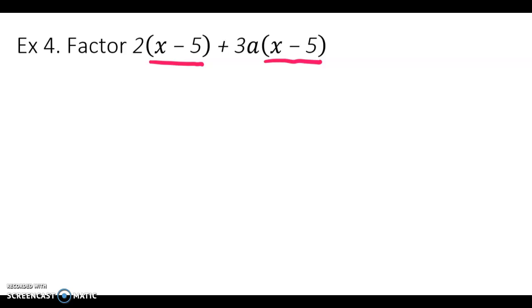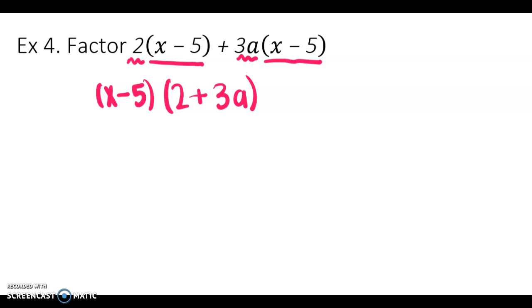So we're going to go ahead and factor out that x minus 5. So if we factor out the x minus 5, what we have left here is a 2, and what we have left here is a 3a. So 2 plus 3a. And that would be our factored form.